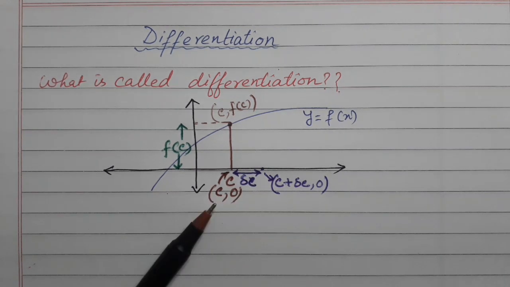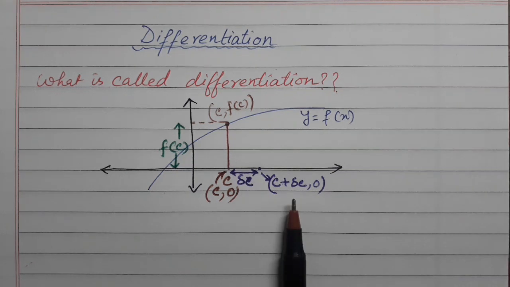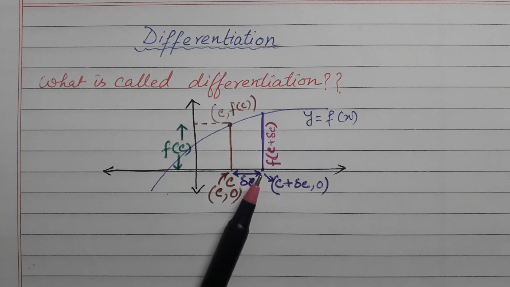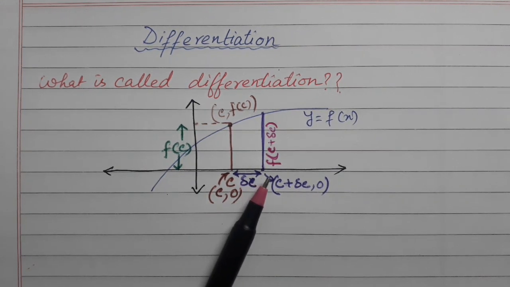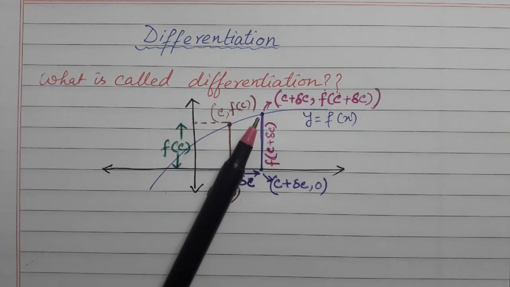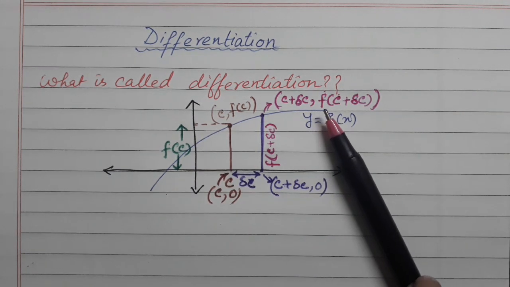Then the point (c, 0) will shift to the point whose coordinate is (c + delta c, 0). Now the functional value at that point, that is c + delta c, will be f(c + delta c). So the coordinate of this point will become (c + delta c, f(c + delta c)).